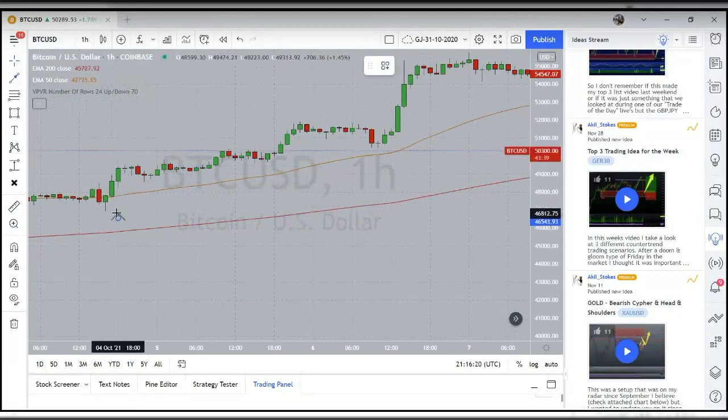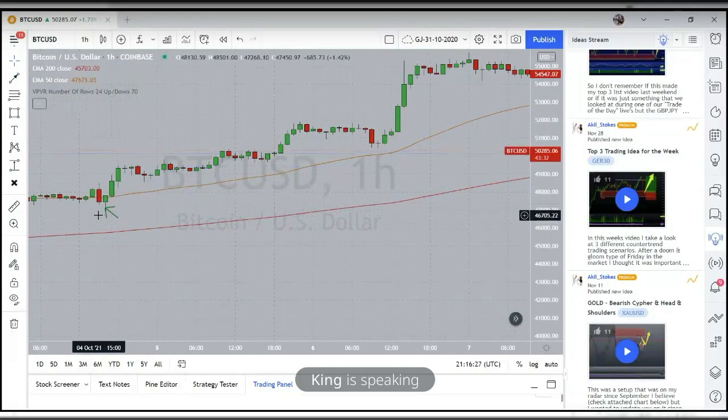This one here, you have the low being made, two higher lows either side of it. That's a reversal pattern, power of three. Or like I said before, power of five with the two either side of it, with higher lows as well.